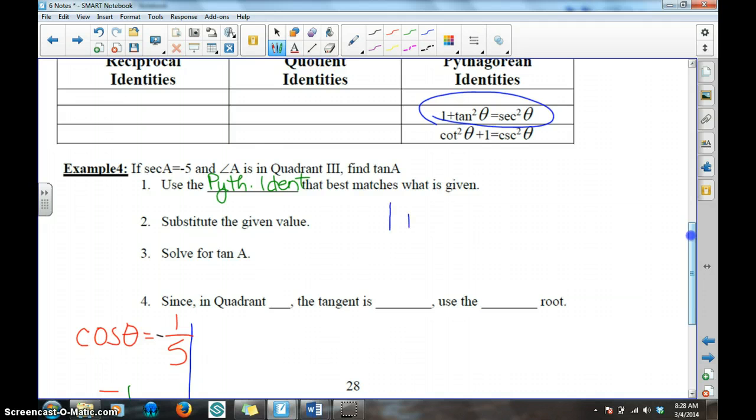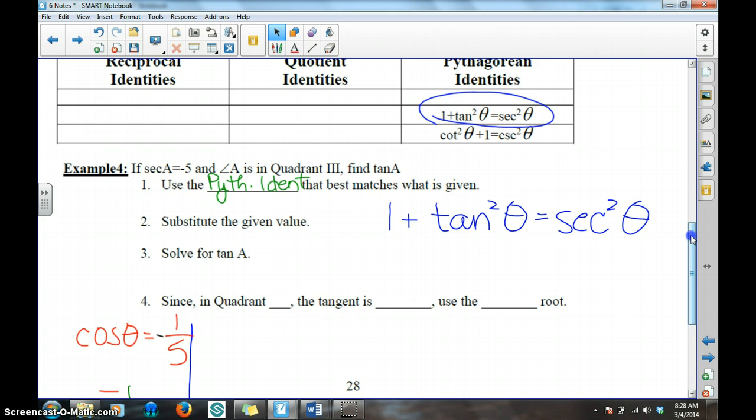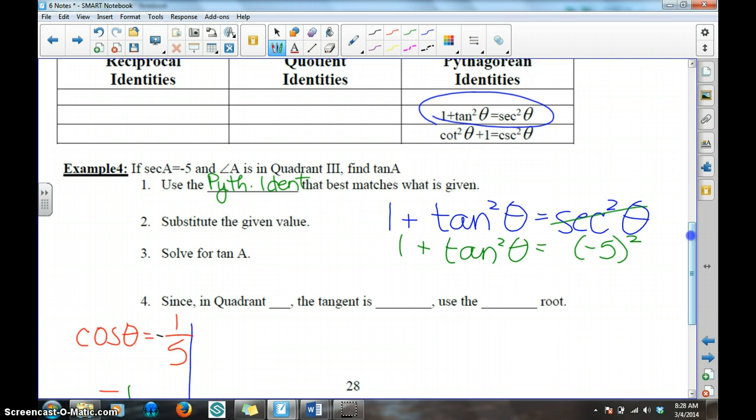Write it down. Now they told you the secant, so put it in. This is no longer going to be a secant that is squared, but rather a -5 that is squared. Now I have 1 plus the tangent squared is equal to 25.